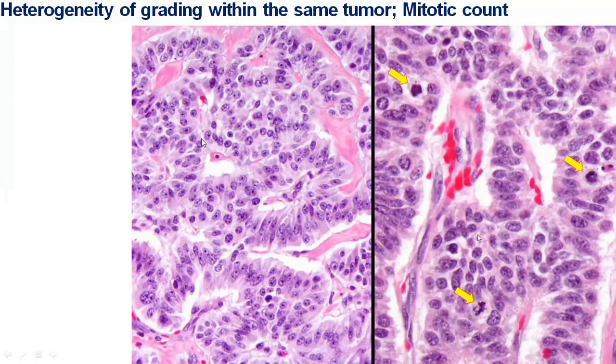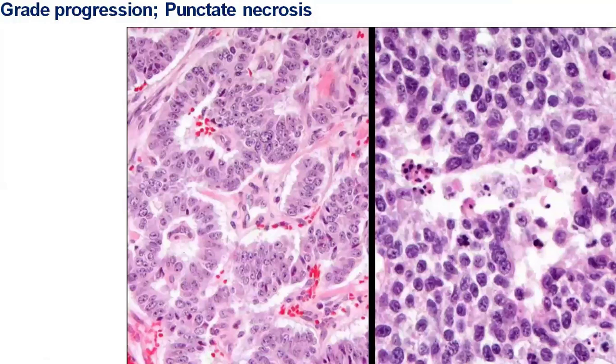And when we see the tumor going from this area to the higher grade area, this phenomenon is known as grade progression in neuroendocrine tumors. Another example of grade progression is on the basis of punctate necrosis.